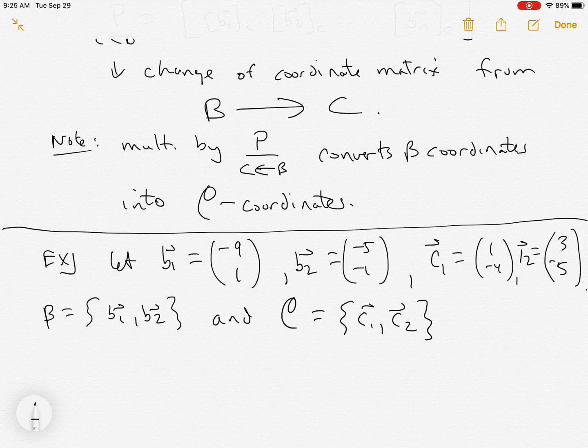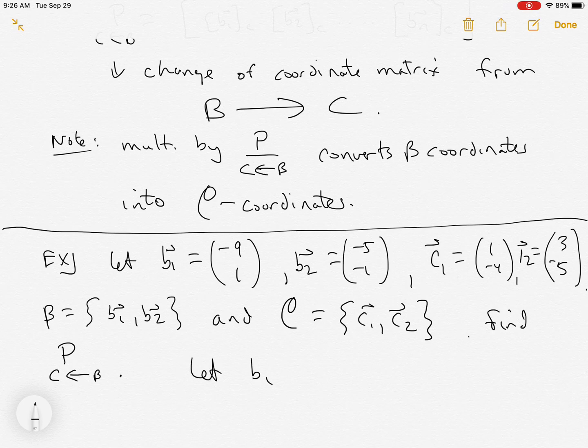So now we want to find the change of coordinates matrix. Find P of B to C. Okay, all right, so this is hard.